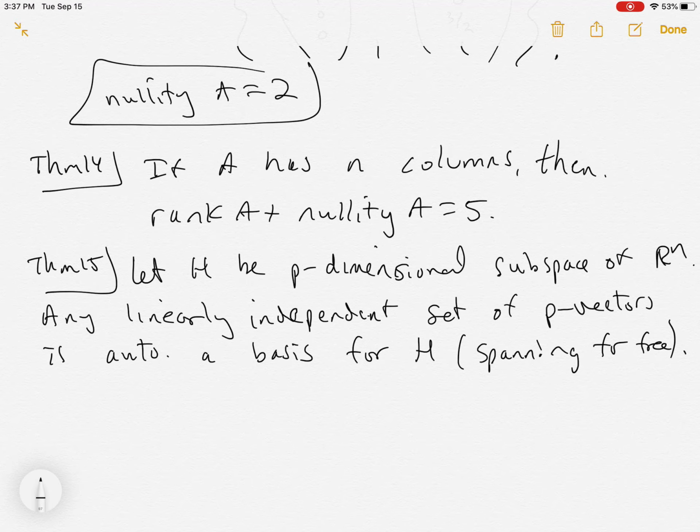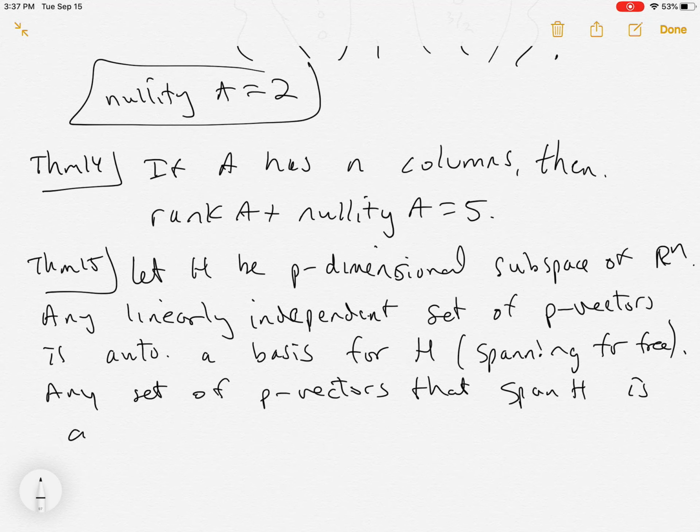Similarly, any set of P vectors that span H is a basis for H, which means you get linear independence for free. But I can tell you from years of pain in coffee shops at midnight doing linear algebra problems, both in undergrad and grad school, it's always easier to show linear independence than it is spanning.